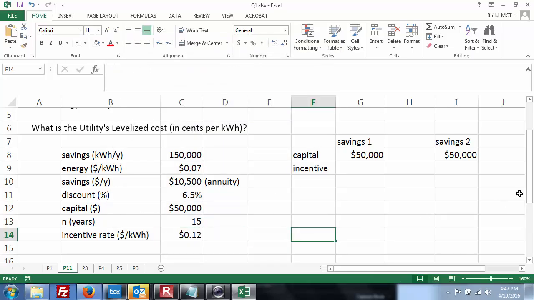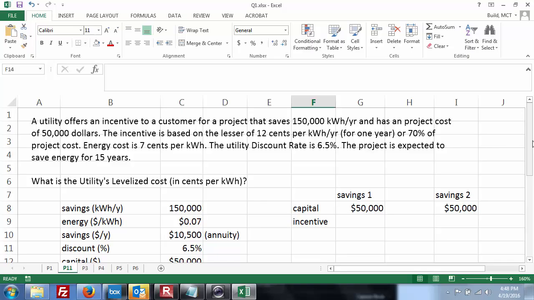Okay. So the incentive is just 1 year. Now, I'm not sure if this needs to go into a present-future formula because they might not pay it until the end of the year. I don't know if they're going to save you 12 cents per kilowatt hour for electricity they think you're going to save after the end of 1 year. Right. Let's see, though. 12 cents for 1 year.